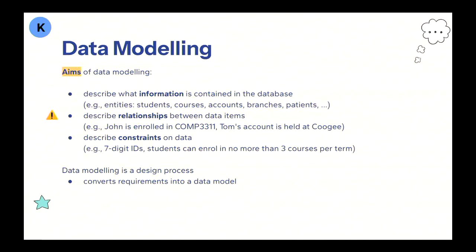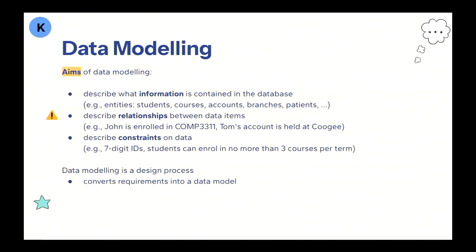So for example, some IDs could have a certain number of digits, and we must ensure that these IDs meet this criteria. And there are also constraints on relationships. Maybe a student can enroll in no more than 3 courses per term. So that's a constraint for a relationship. So these are the 3 key aims of data modeling.